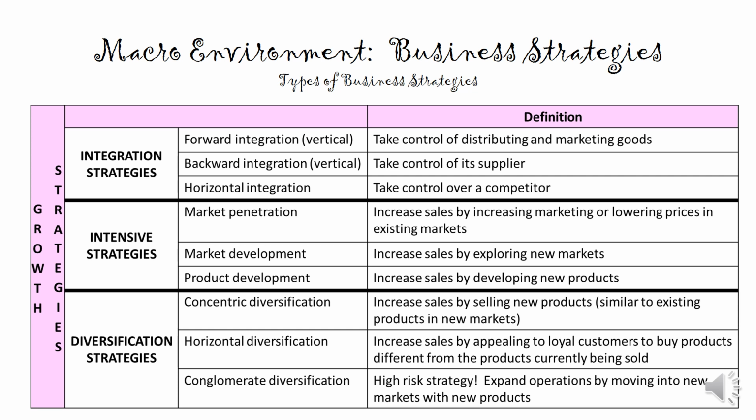And conglomerate diversification is a high-risk strategy where we expand our operations by introducing new products and also at the same time entering new markets.